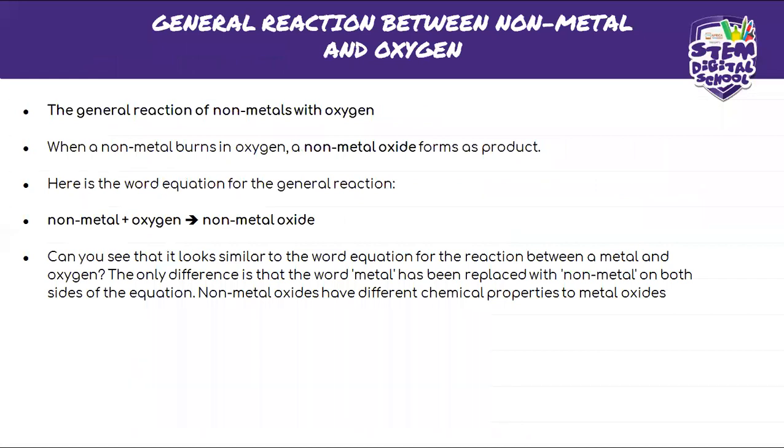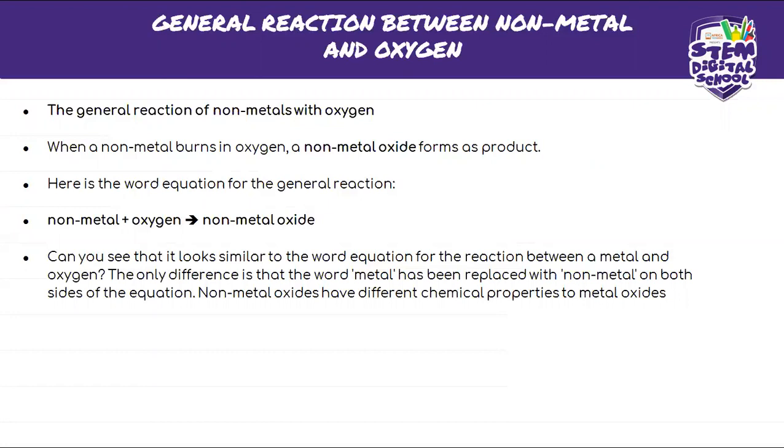Now let's look at the general reaction between non-metal and oxygen. Okay, when a non-metal burns in oxygen, a non-metal oxide forms as a product. So here is the word equation for the reaction. We have a non-metal plus oxygen, then giving us what? Non-metal oxide.